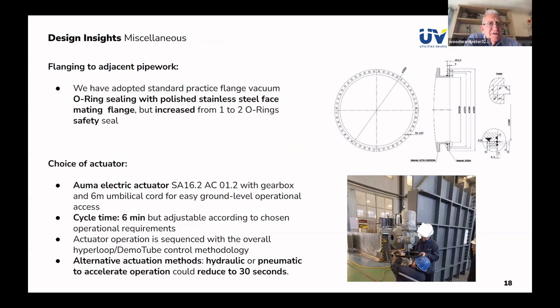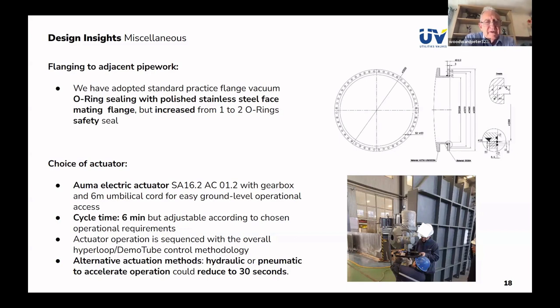We've just adopted the standard practice of vacuum flanging. Needs to be stainless steel to stainless steel flange face and companion flange, but we have increased from the normal 1 to 2 O-rings for additional safety, and moving on to the choice of actuator, we went with Elmeua.